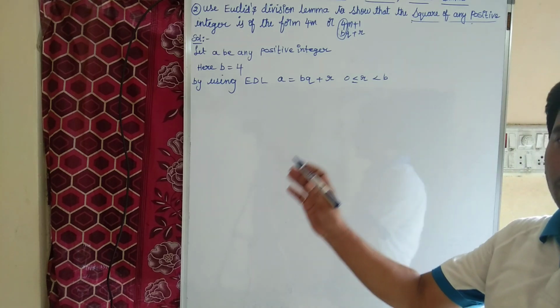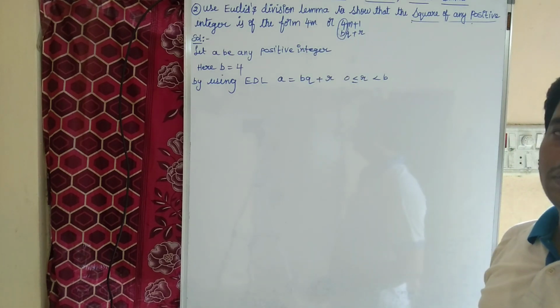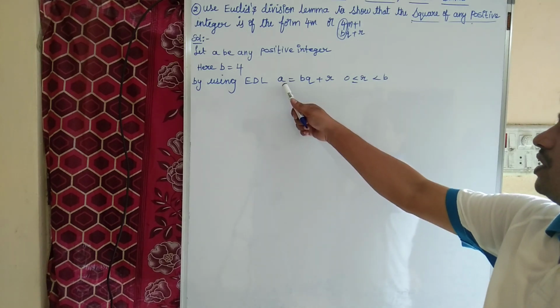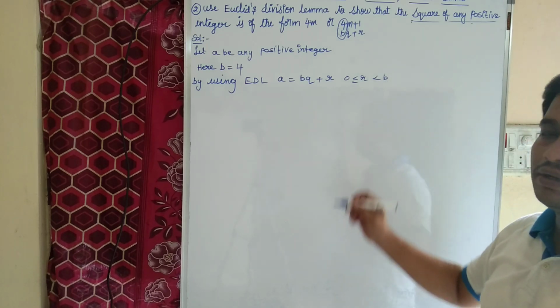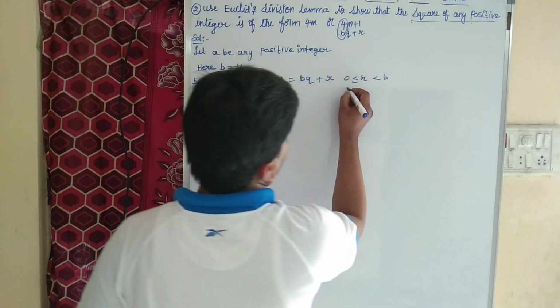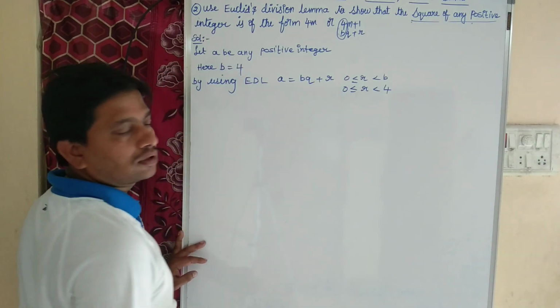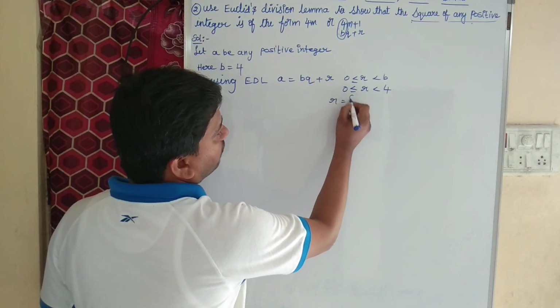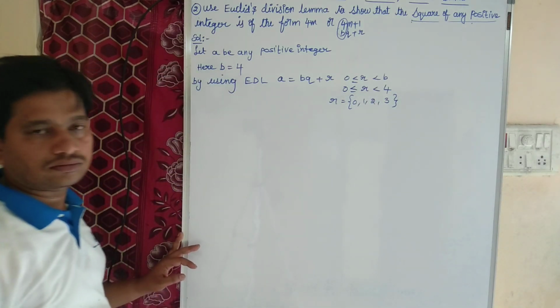Let a be any positive integer. Here b equal to 4, children. By using EDL, what is EDL? A equal to bq plus r, where r must lie between 0 and b. So 0 less than or equal to r less than b value 4. I mean r takes the values less than 4, that means 0, 1, 2, 3.